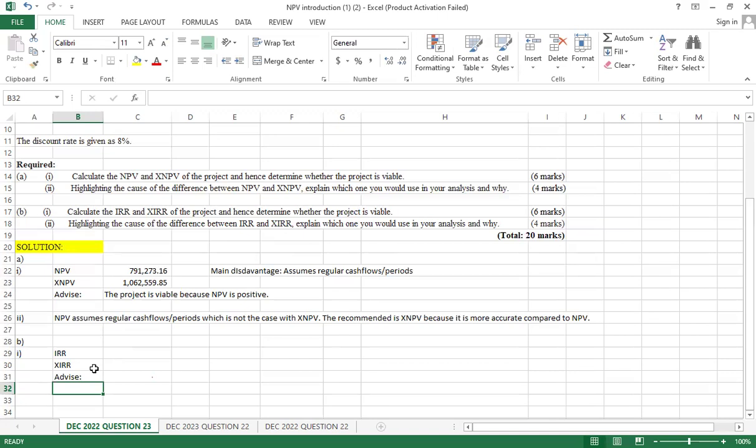Yeah, we already looked at how to compute the internal rate of return. Somebody, how much is it? What percent is the internal rate of return?